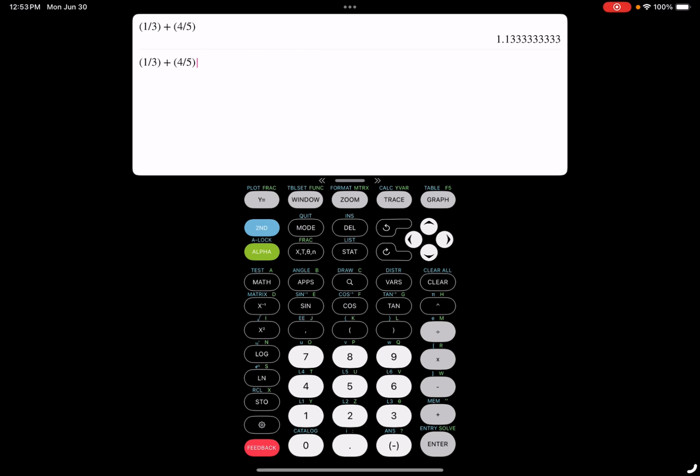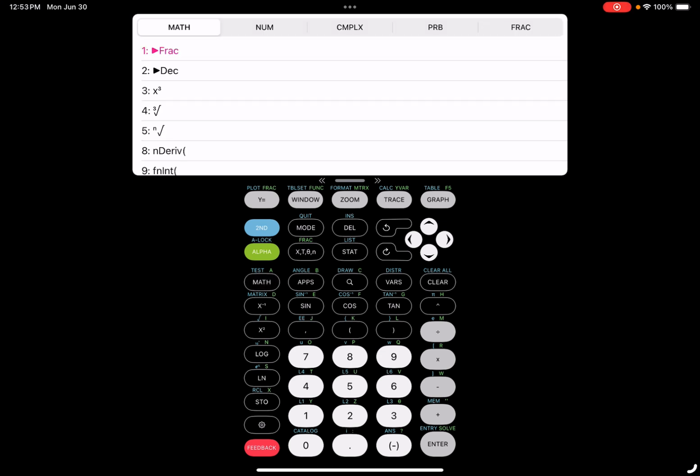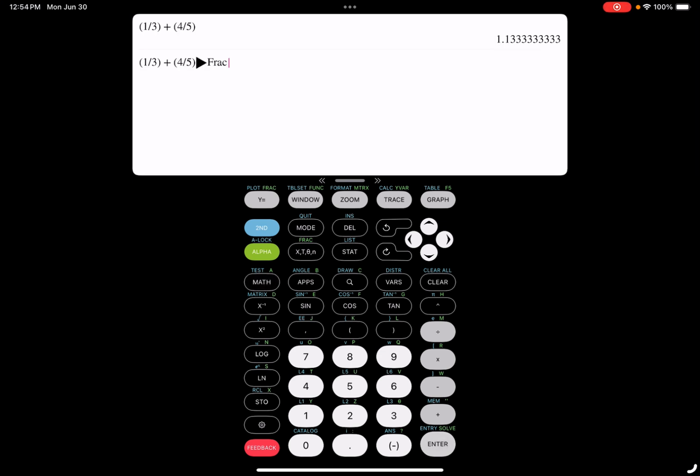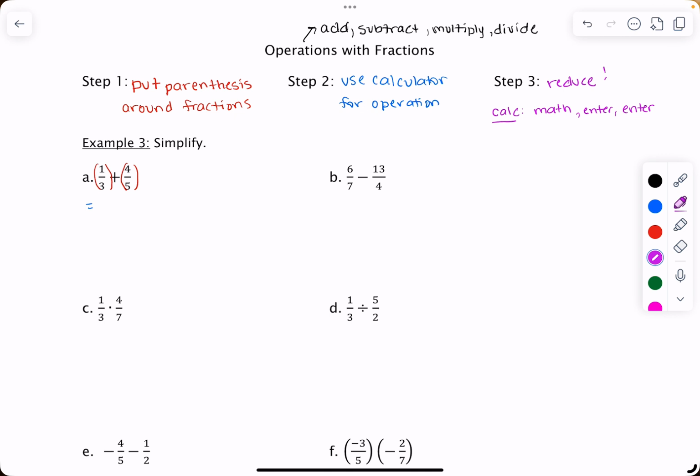I'm going to hit the math button, which is underneath the green alpha button here. Hit enter again, and I get 17/5. Okay, so I'm going to go back, and I'm going to say, okay, letter A equals 17/5. Okay, so those are your steps, your basic steps for simplifying fractions.